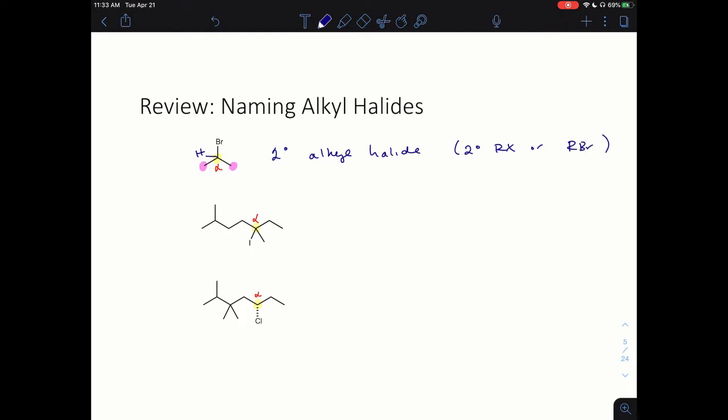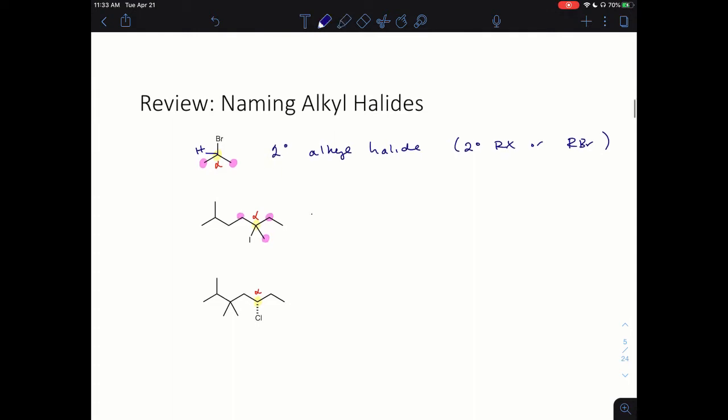Excellent. So for our next example, we have a tertiary alkyl halide. That alpha carbon, the one in yellow, is bonded to 3 other carbon atoms. So this is a tertiary alkyl halide. So I might write it's a tertiary RI, a tertiary alkyl iodide.